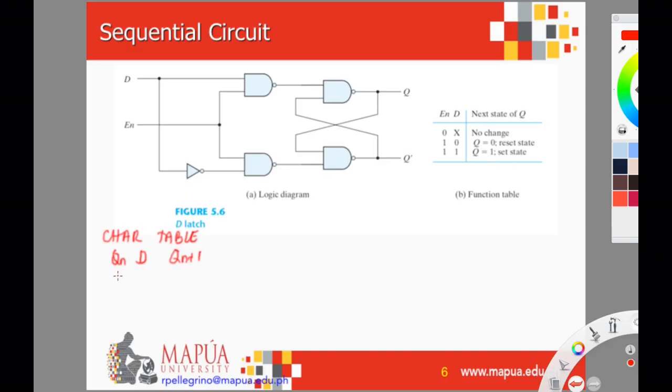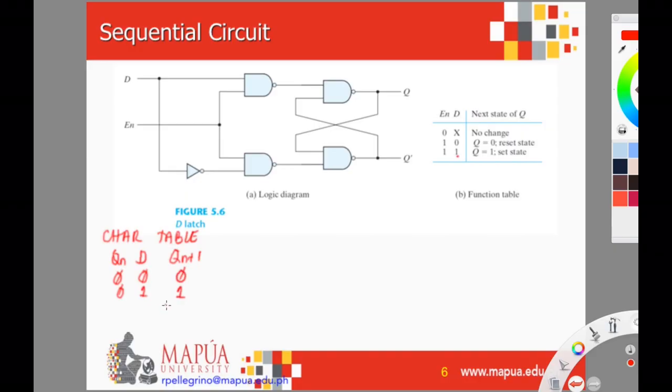If our Q is 0 and D is equal to 0, what will be our output? That will still be the value of 0. Whatever your input, if you have 1 and this is 0, what will be the output? This is still equal to 1.